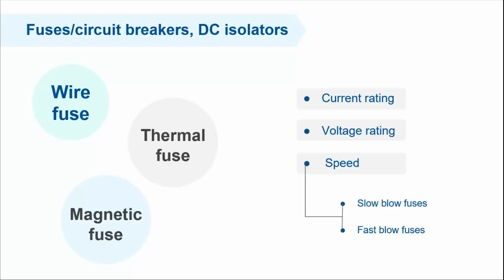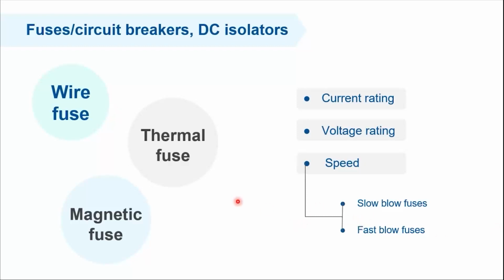So once the fuse has blown, it will need to be replaced by a new fuse to make the circuit operational again. This is much cheaper than replacing the charge controller in the system. So it's always good to have fuses in your system. And these fuses are one-time fuses, and once they have blown, they cannot be reset. You need to replace them.